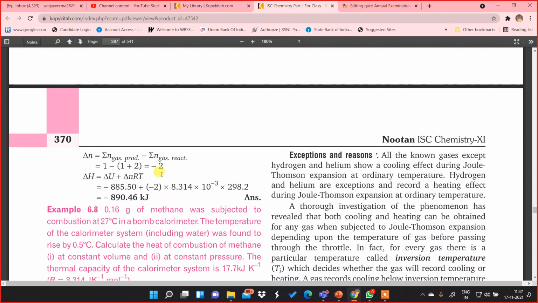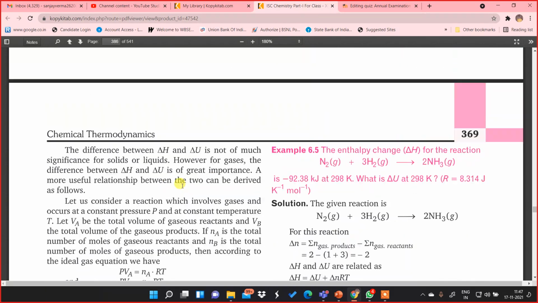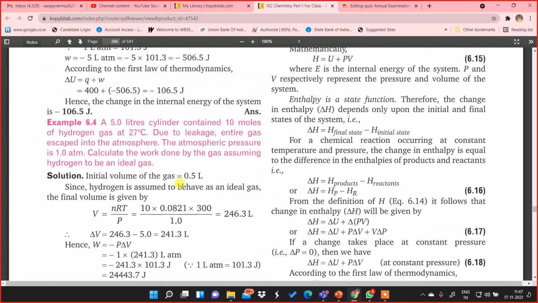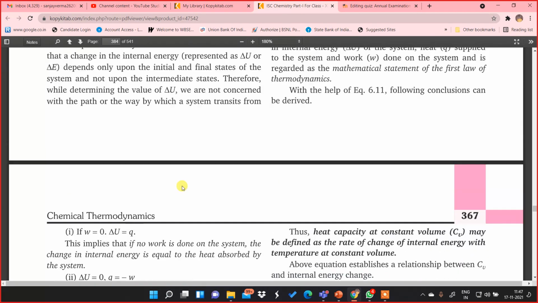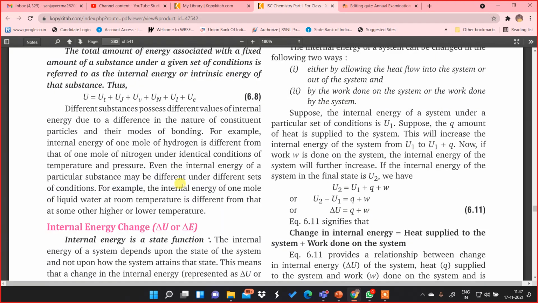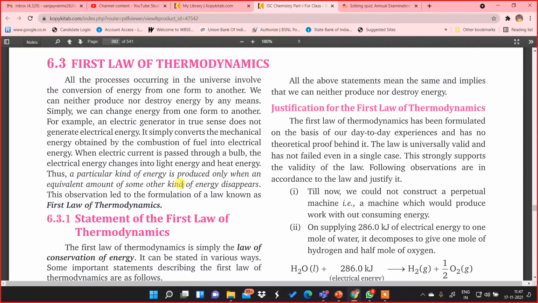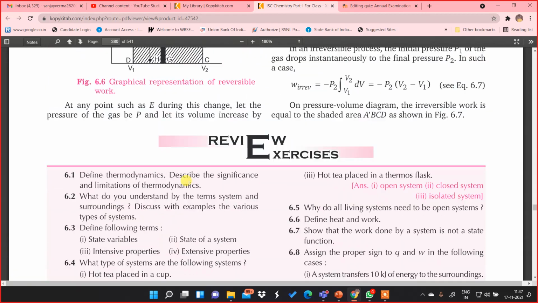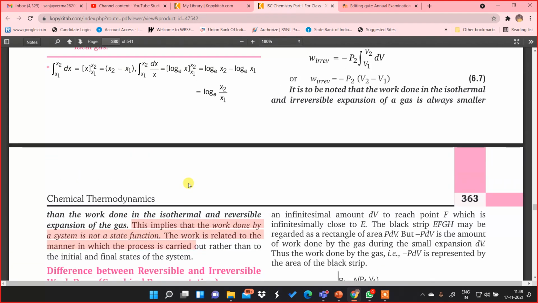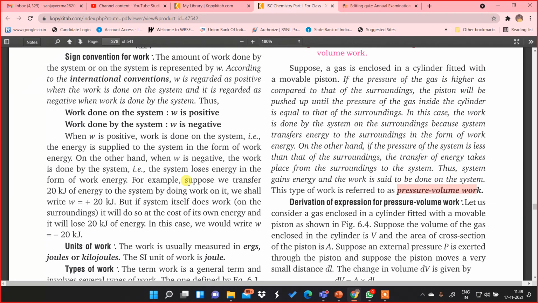Sign convention. See, over here, work is done on the system.